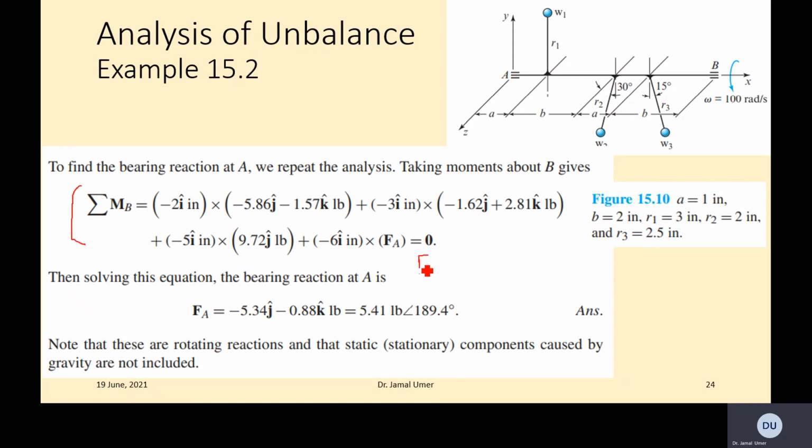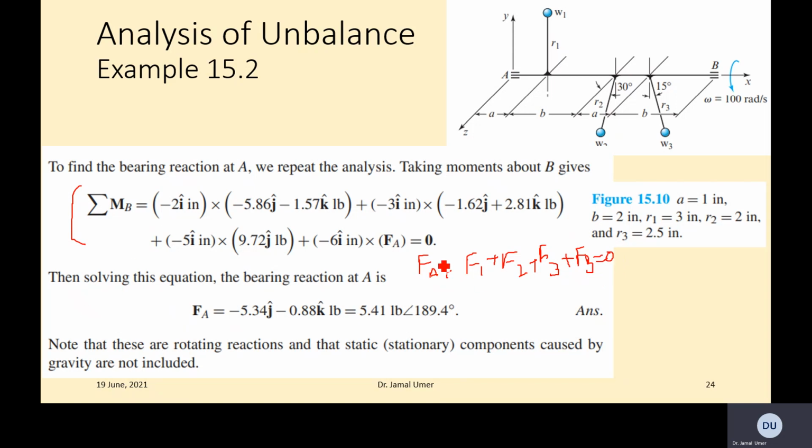So you got FA plus F1 plus F2 plus F3 plus FB should be 0.